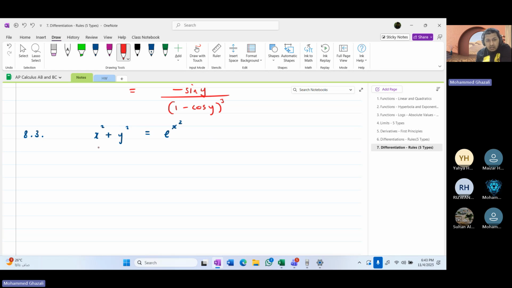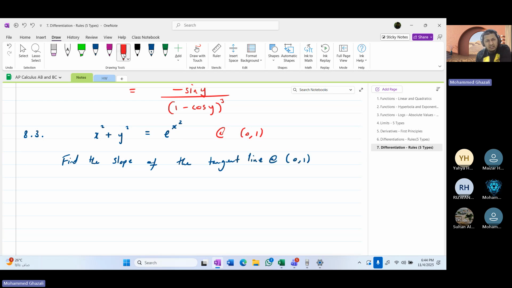So now we're going to do an application based question. We're going to say x squared plus y squared is equal to e to the power x squared at 0 and 1. Find the slope of the tangent line at 0 and 1.